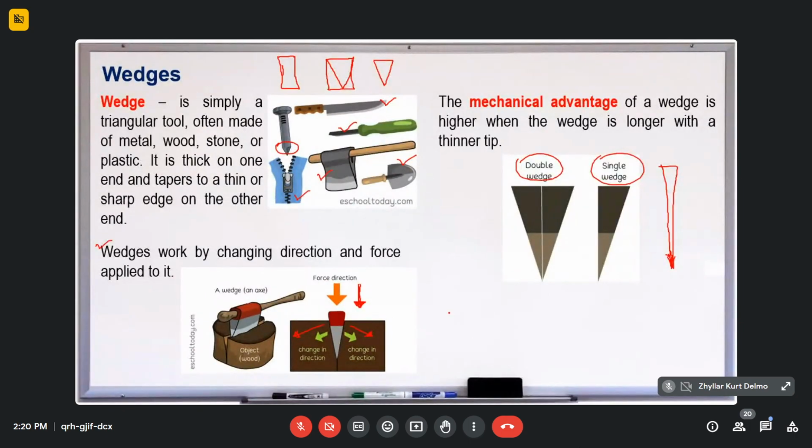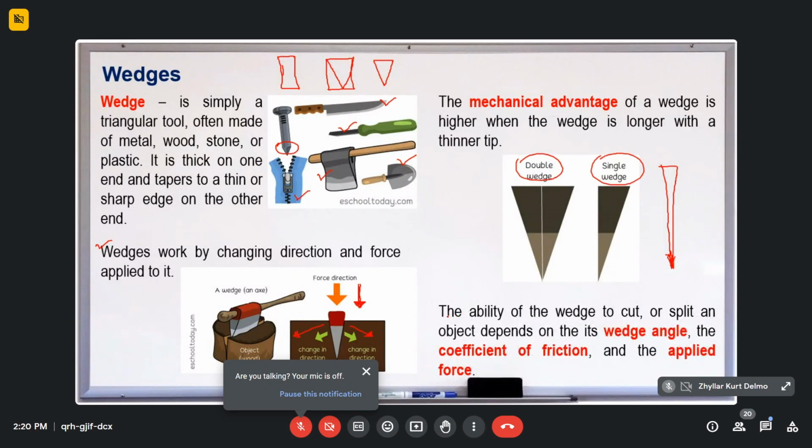And in analyzing a system of bodies with a wedge or other blocks, you have to analyze these important parameters.